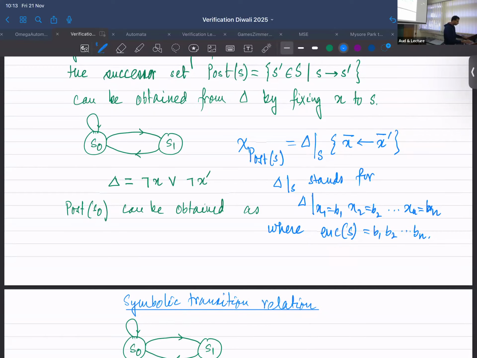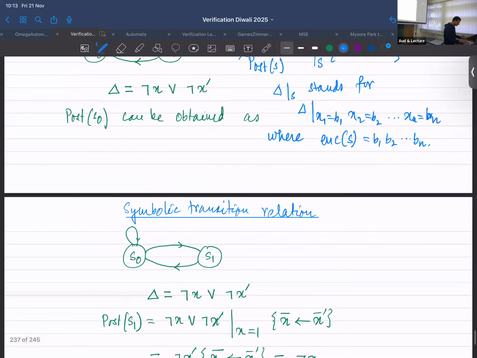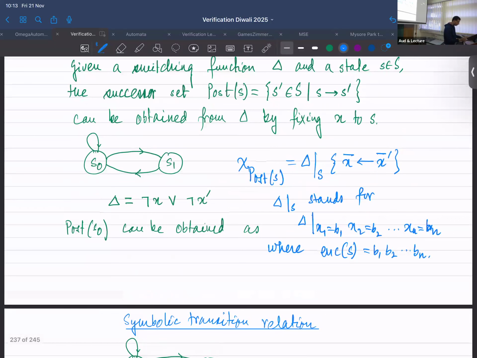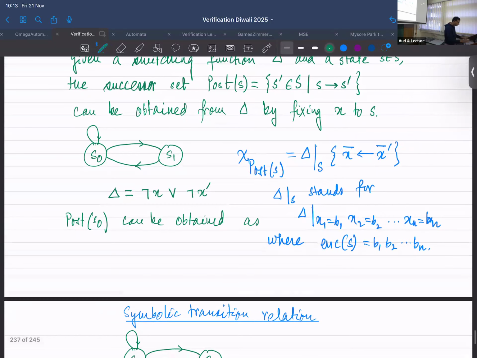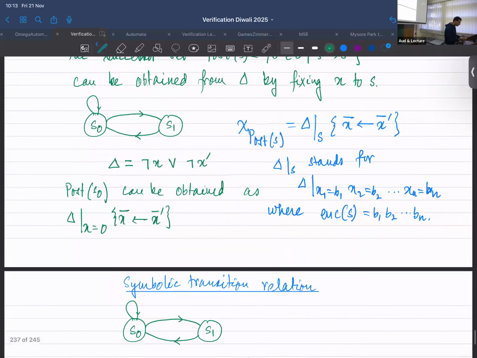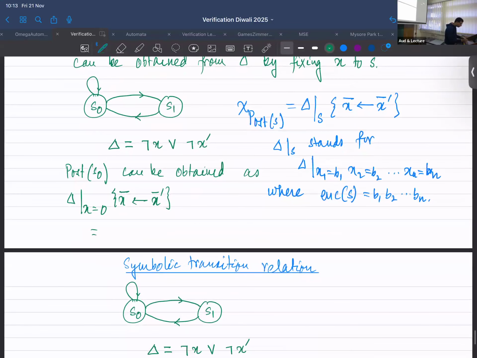So let's see how this post of S0 is, let's try to compute it. So what do you have? Now delta of x equal to 0, followed by x prime renamed to x. Now what is this thing? This is like negation of x or negation of x prime, where you put x equal to 0.